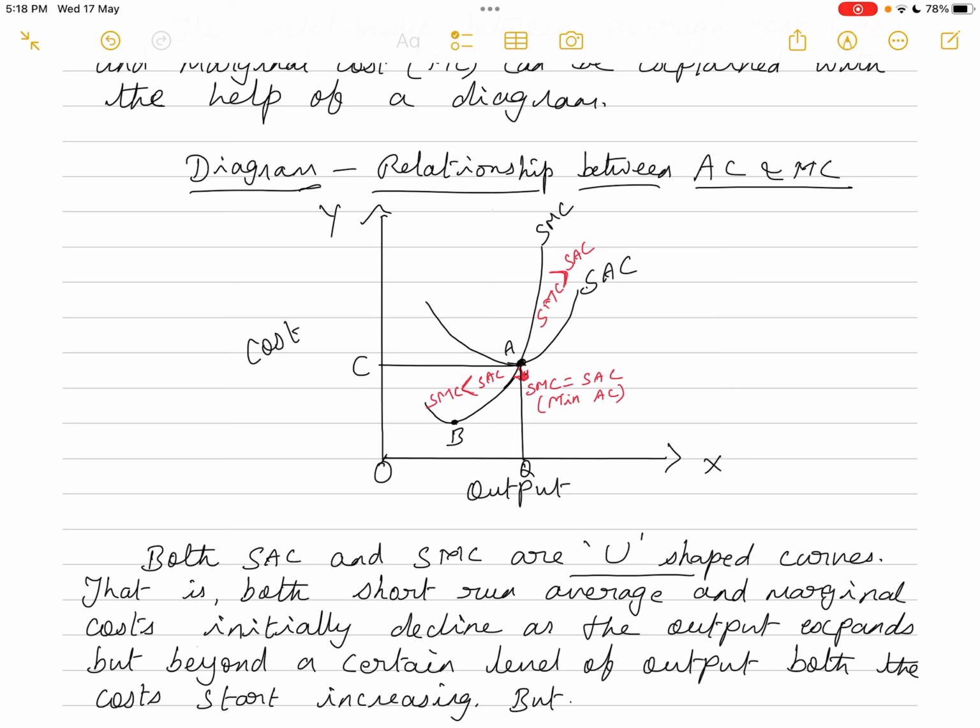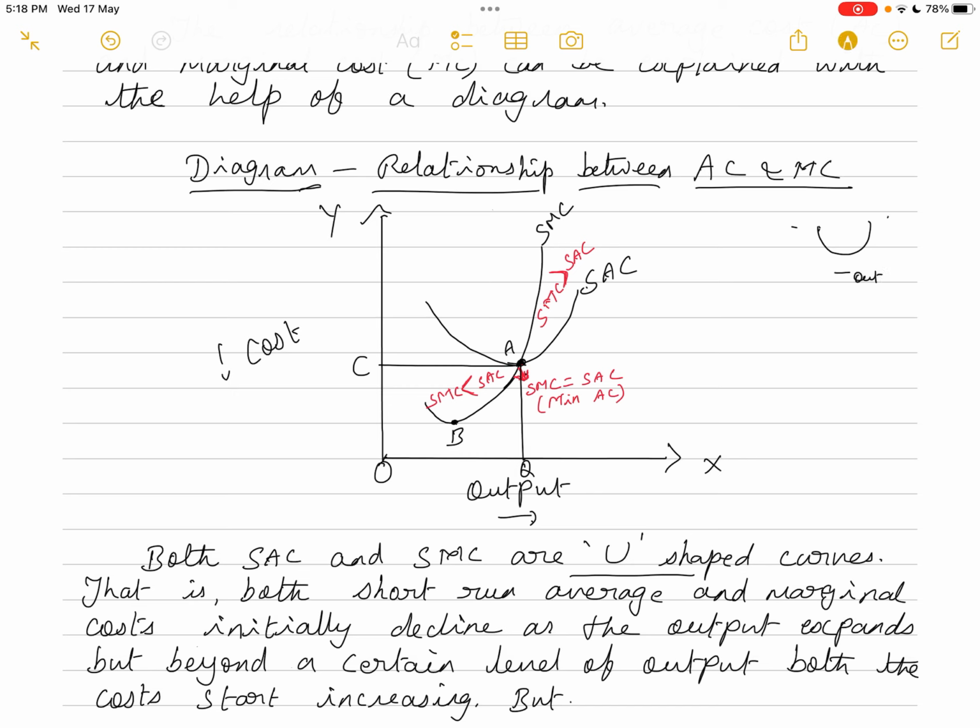If you check the diagram, you can see that output is measured on the x-axis and cost is measured on the y-axis. Now the cost curves will always be U-shaped. This is the shape of the cost curve.